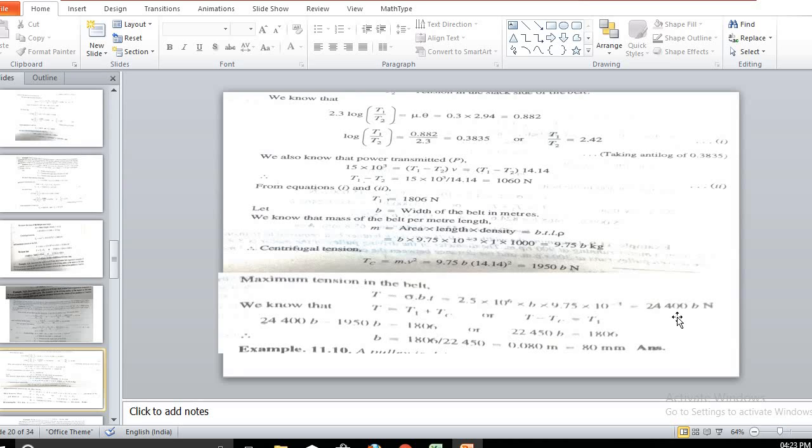That is again calculated in terms of b. Now T is equal to T1 plus Tc, so T minus Tc is equal to T1. This T1 value we already calculated, 1806.